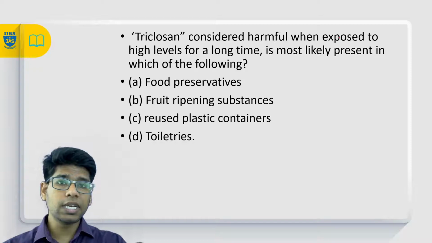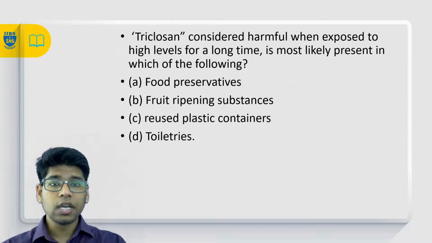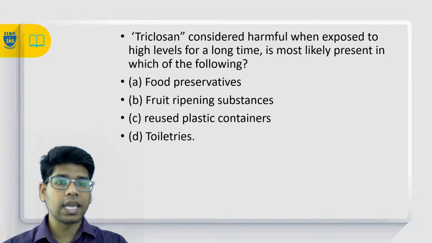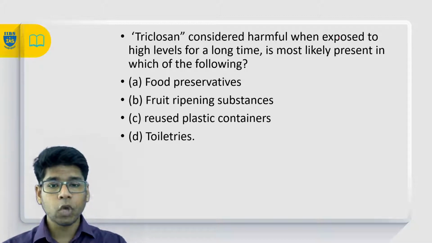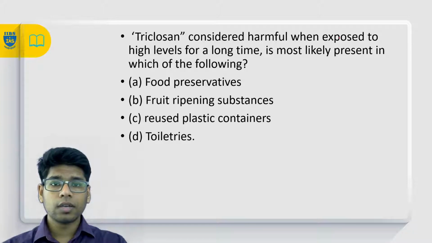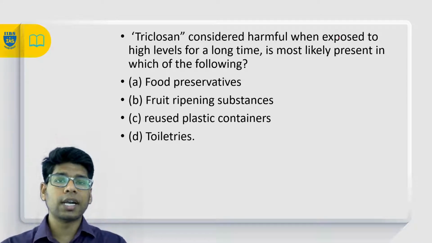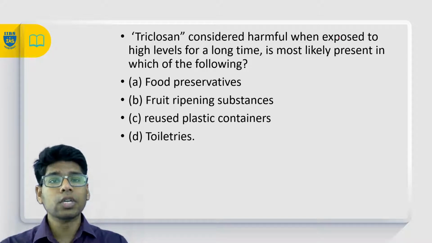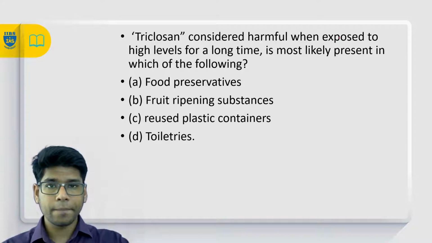The triclosan is present in hand sanitizers and hand washes, or we call them toiletries. This has been considered harmful when exposed to high levels for a longer period of time. So the increased use of hand sanitizers can actually be harmful to you. So please stop using it.